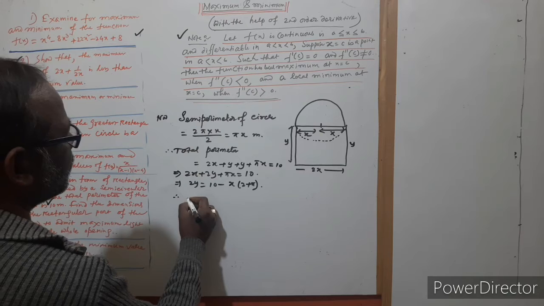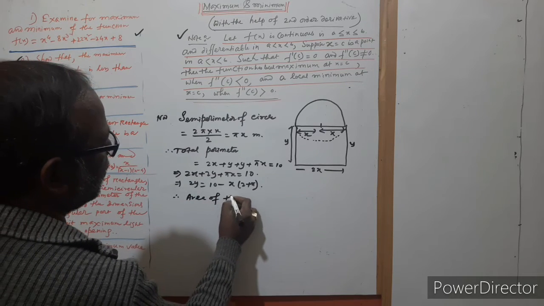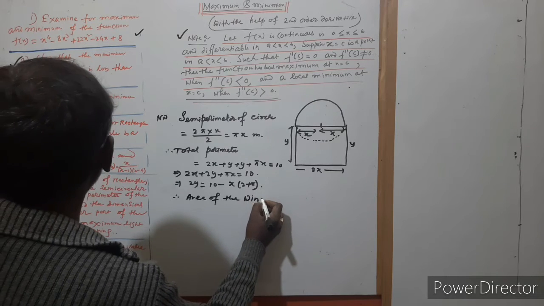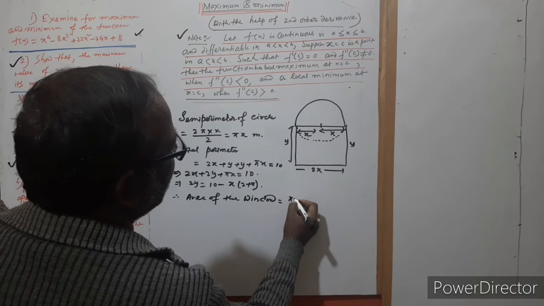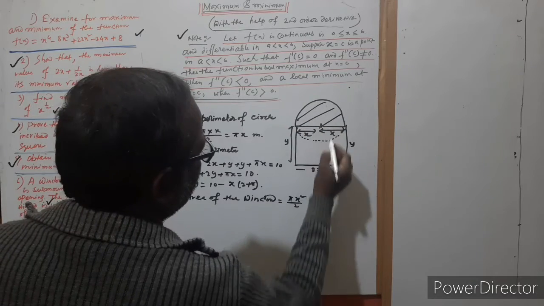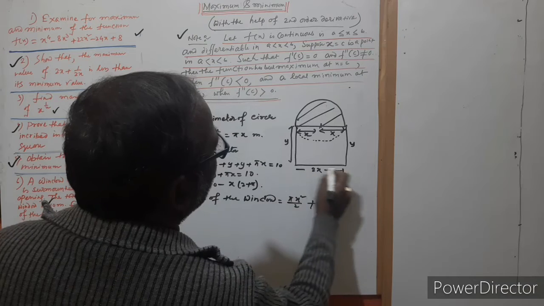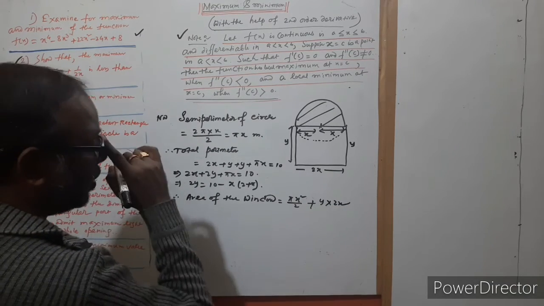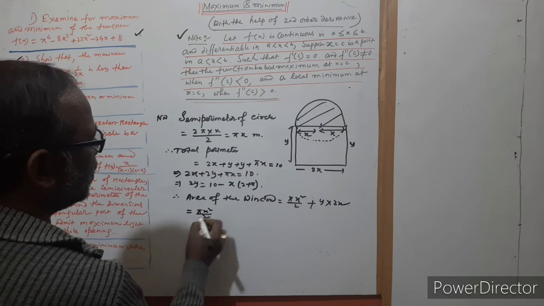Now area of the window is equal to, this is pi r square, this is x square by 2. So this is the part here. Okay, and after that the length is here y and breadth is here twice x. Okay, so that is equal to pi x square by 2.